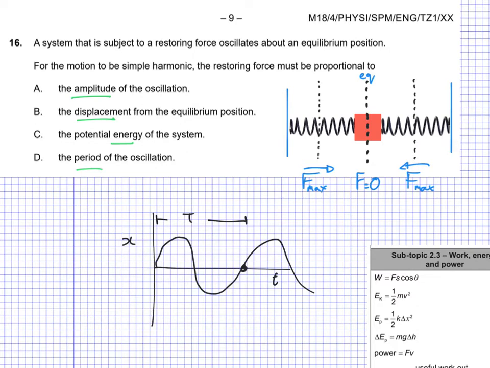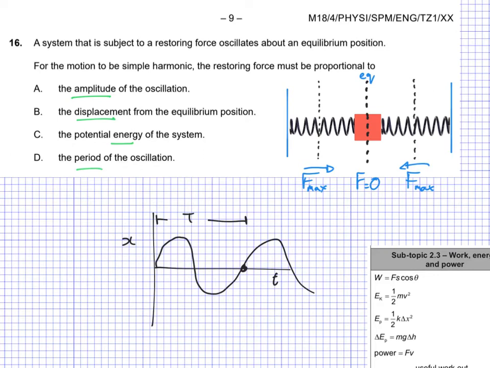If we think about the energies, as it's moving back and forth, we have a transfer of energy. We're going to have some potential spring energy, and as it's moving towards the equilibrium position, there's going to be no spring energy, but there will be all kinetic energy, and then that's going to be converted back into potential energy.